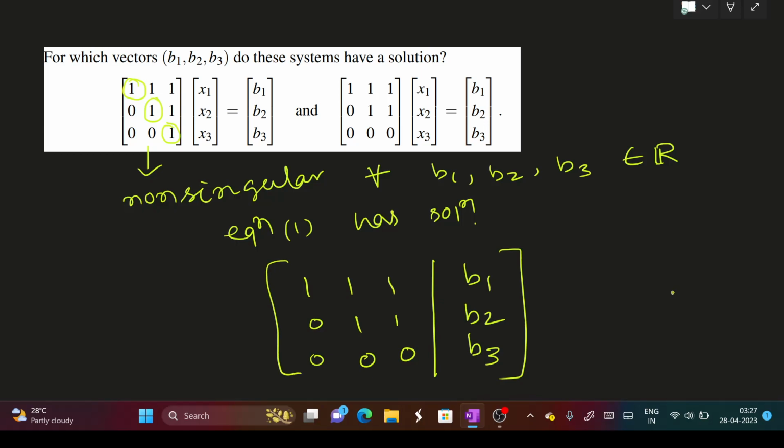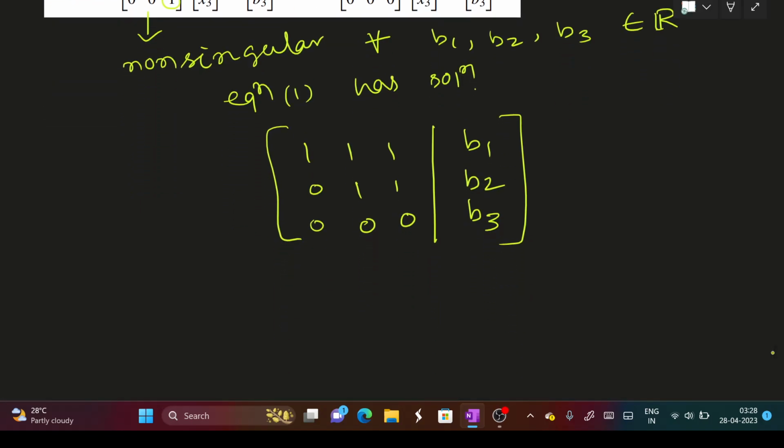We know that if the coefficient part's rank and total augmented matrix rank are the same, then only the system of equation is having solution. In other words, if the left hand side is having a 0 row in its echelon form, then in the right hand side also there should be a 0. Otherwise, it will create problem.